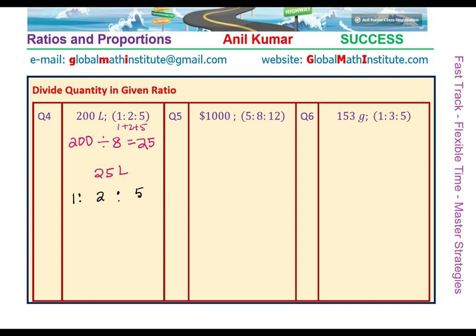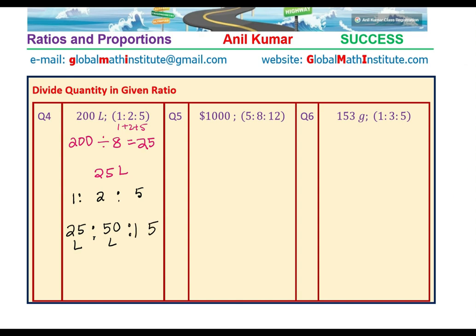So we'll multiply 25 by 1, we get 25 liters, and times 2 gives me 50 liters, and times 5, 5 times 5 is 25, 5 times 2 is 10, 125 liters. You can always check. It's not a bad idea.